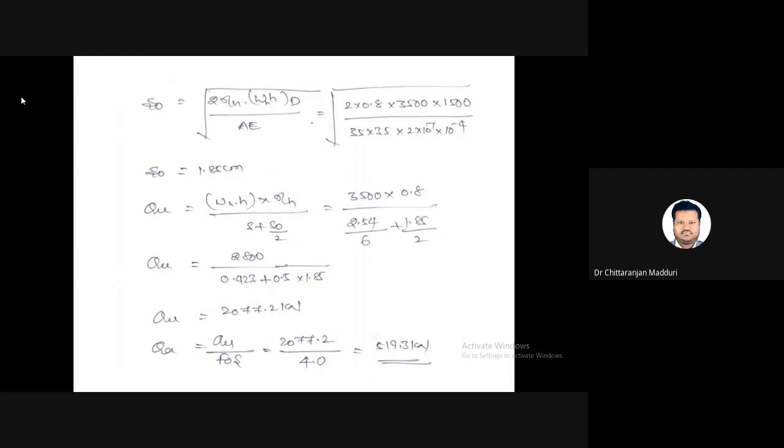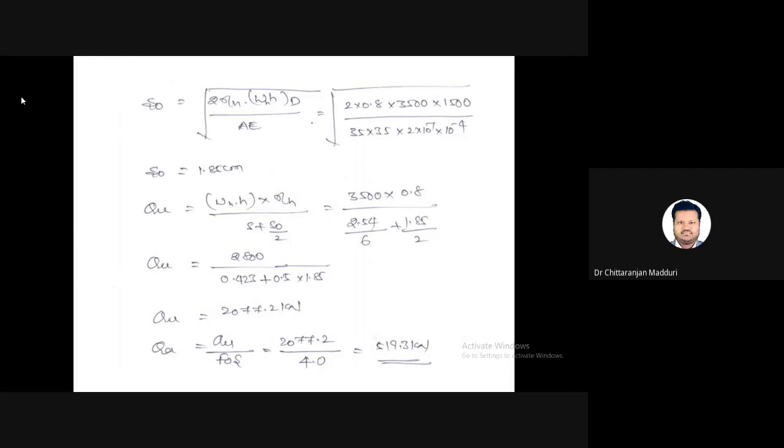So first we need to find out the S naught. Next, ultimate load by the Danish formula is given by W H into efficiency of hammer by set value plus elastic compression by 2. So rated energy W H equals 3500. Efficiency of hammer equals 0.8 divided by set value 2.54 for 6 number of blows.